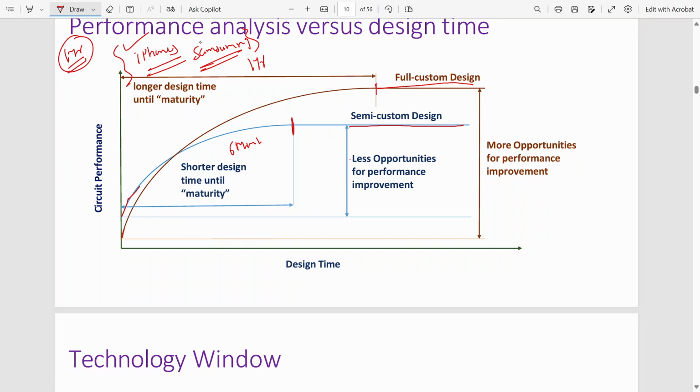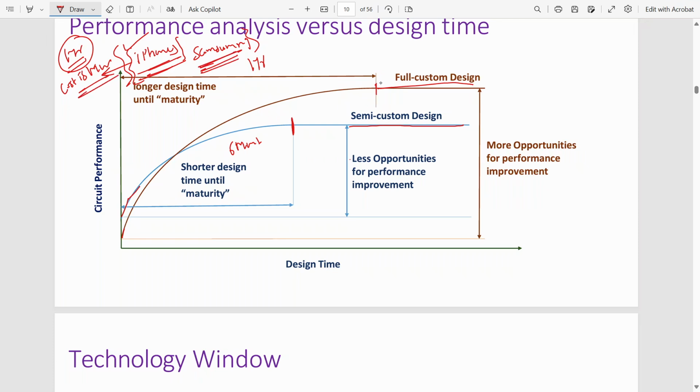Samsung also has Note 6, Note 7, Note 8, Note 9. They build these phones from full custom design. From scratch, they make their own chips and do not depend on a library. That's why cost is more for iPhones and Samsung mobiles.